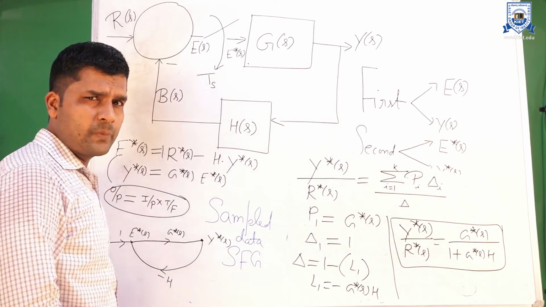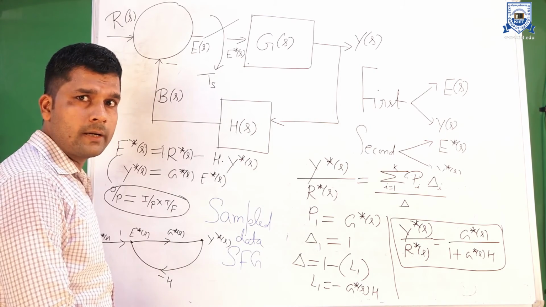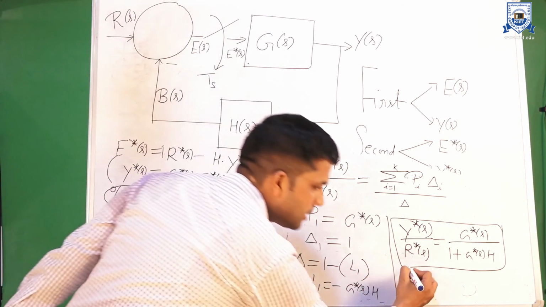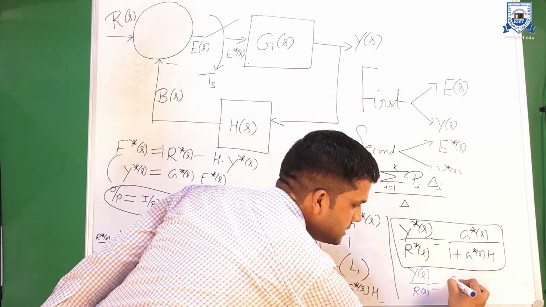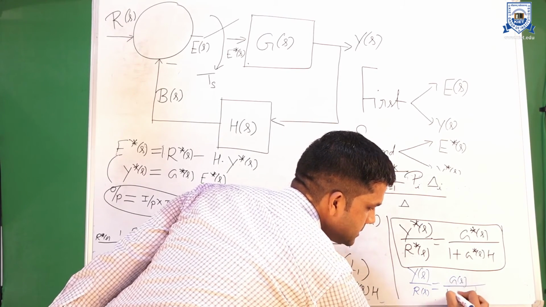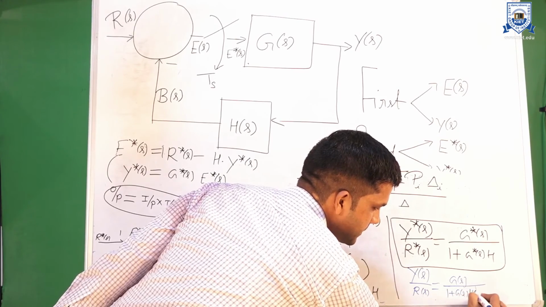Can we compare the transfer function of analog and digital control systems? Yes. For the analog control system, Y(s) upon R(s) is equal to G(s) upon 1 plus G(s)H(s).